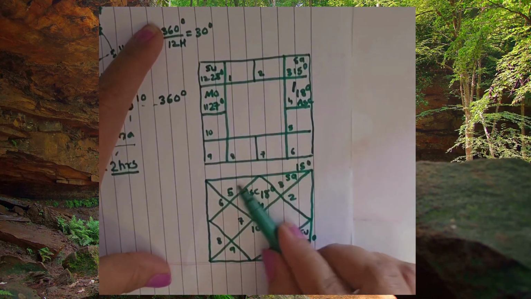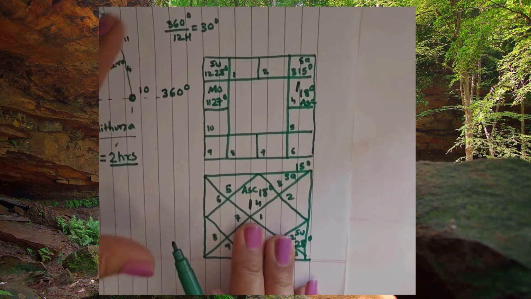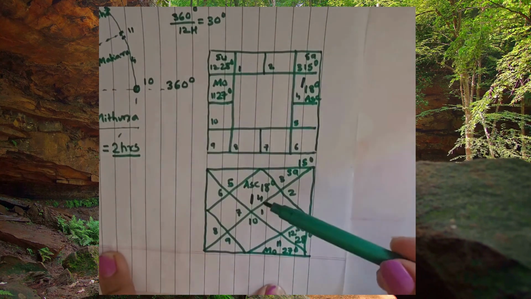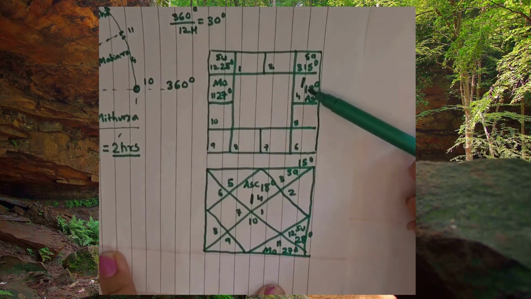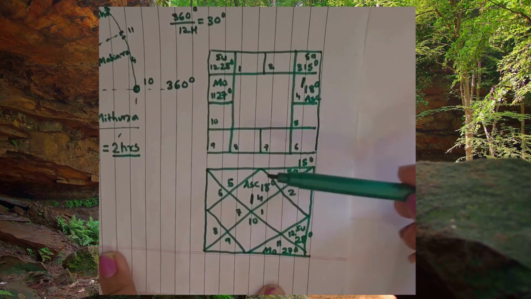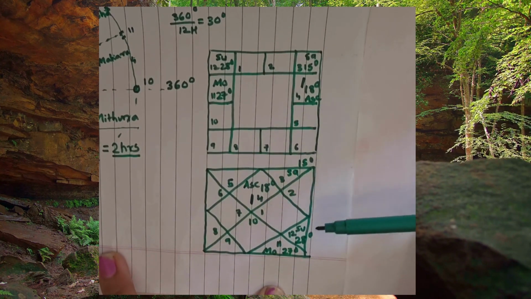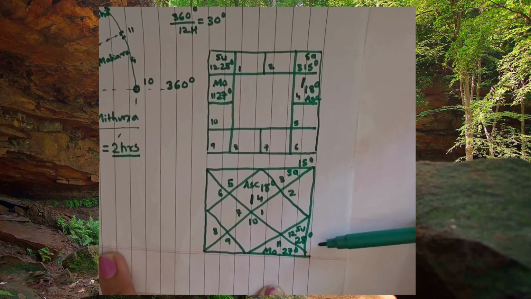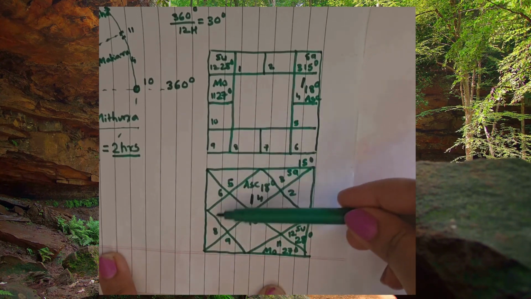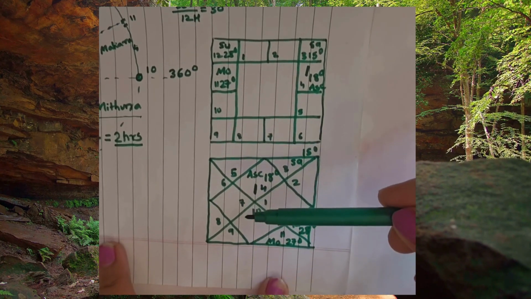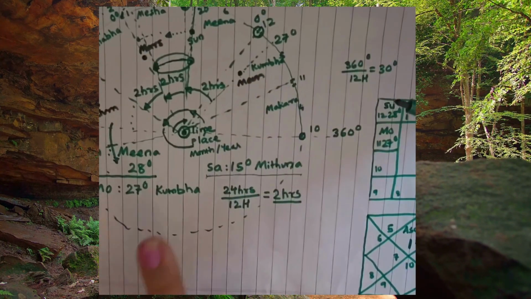So this is how the chart will be drawn. Now you can see your own chart and understand which is your ascendant, either in South Indian or North Indian. Which is your ascendant? Where is your Saturn placed? Which degree? Where is your Sun placed? Which degree? Like this, all the 9 planets including Rahu and Ketu you will be able to find in your own chart. Okay, so this is all about ascendant.